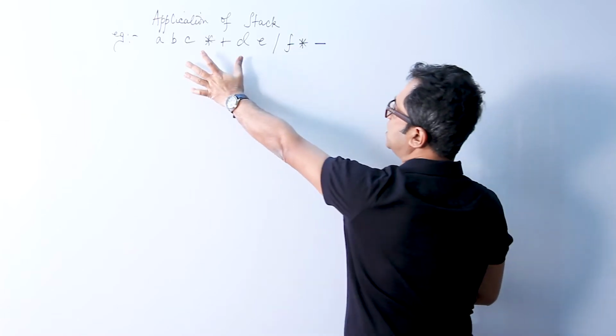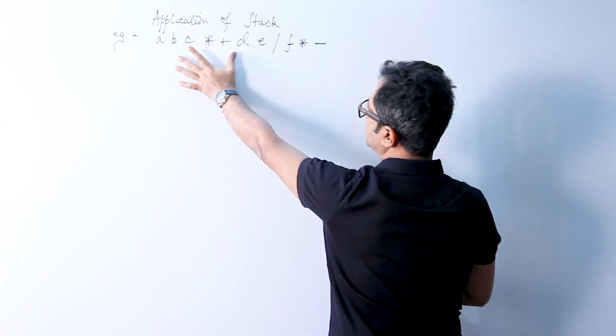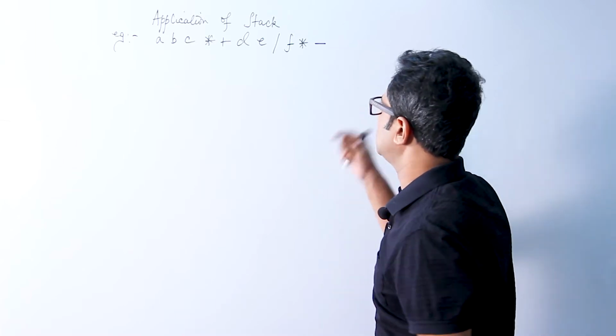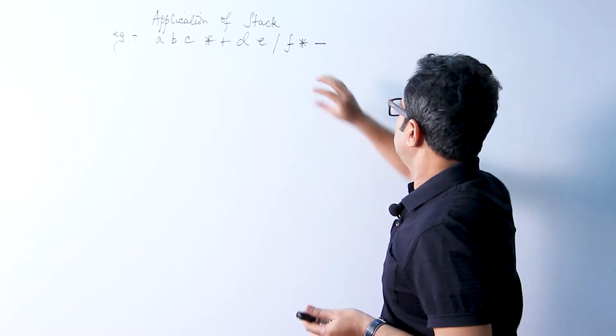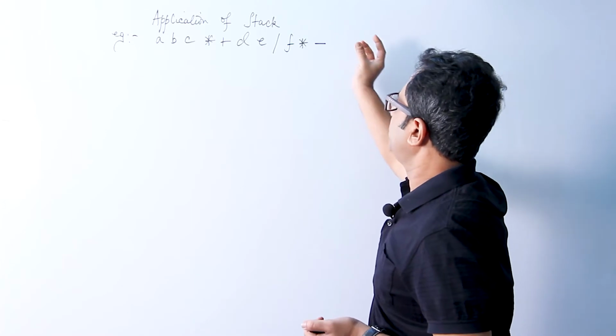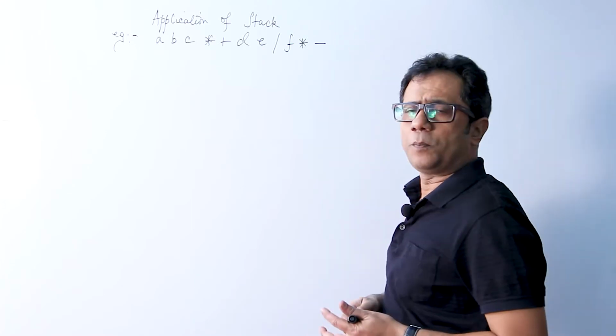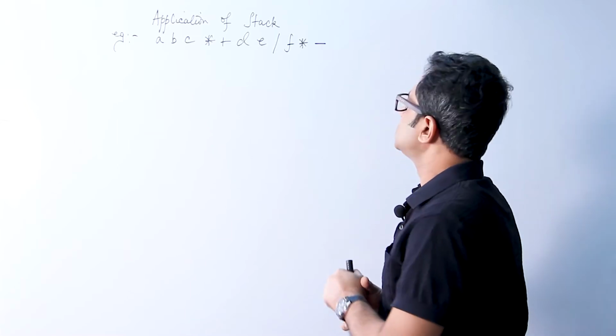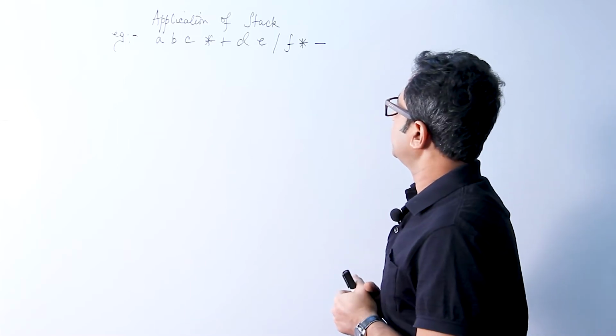So, this is an example of a postfix expression which needs to be converted in this video into its corresponding infix format, where the operators are going to be placed in between the operands, and that is called an infix expression.